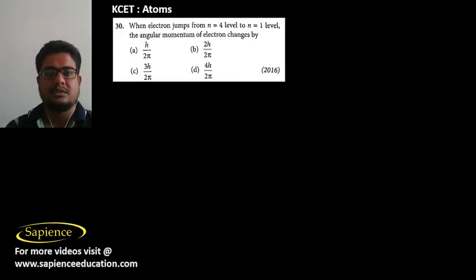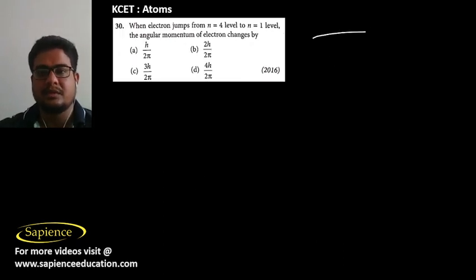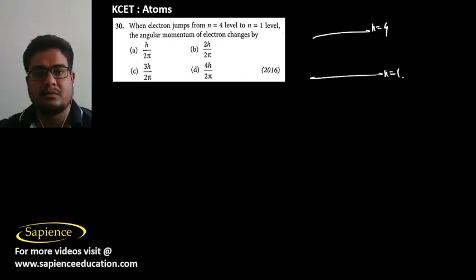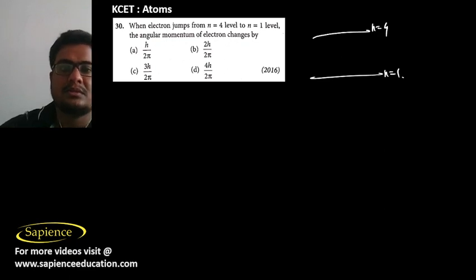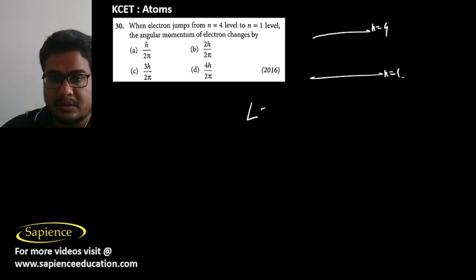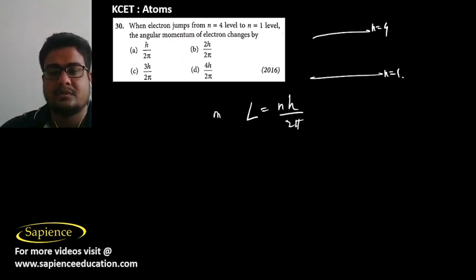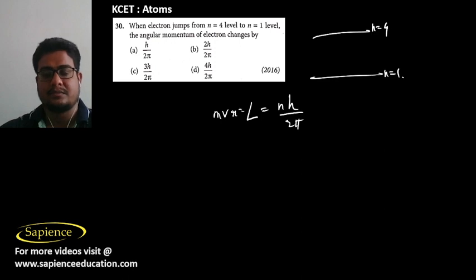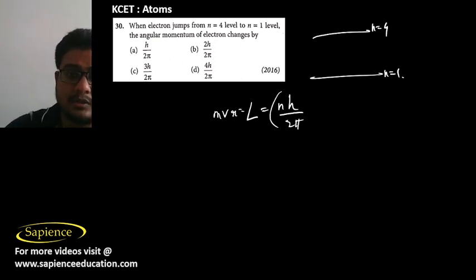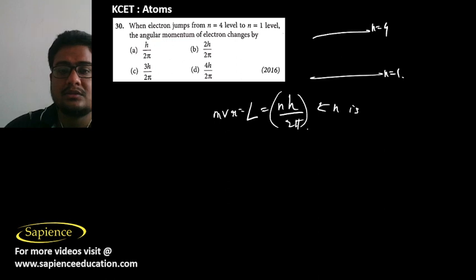And in question number 30, it is told when an electron jumps from n equal to 4 to n equal to 1 level, the angular momentum of the electron changes by? So we know that the angular momentum of an electron is given as mvr, which equals nh by 2 pi, where n is the shell number or orbit number.